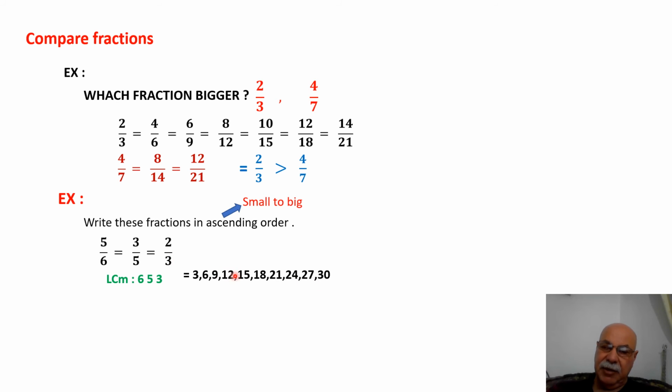This is the timetable for 3. The timetable for 5 is 5, 10, 15, 20, 25, 30. We start here and stop here, not continue, because we need the lowest common multiple.